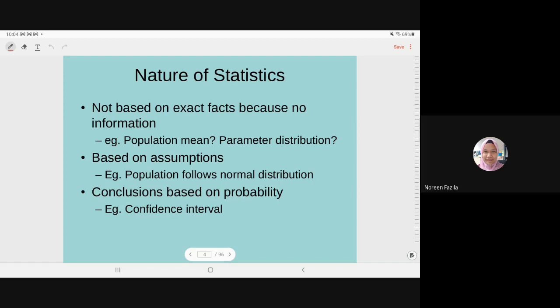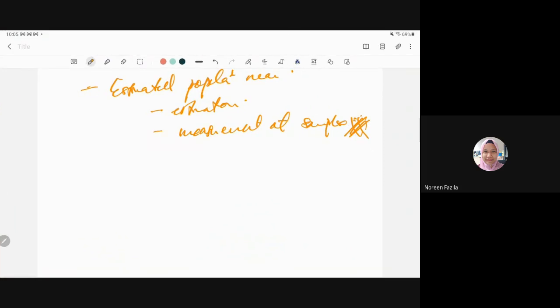So that is why, when we conclude, we always have to look at the confidence interval.